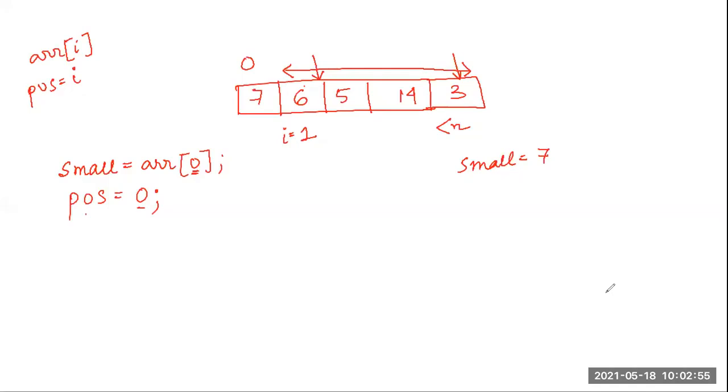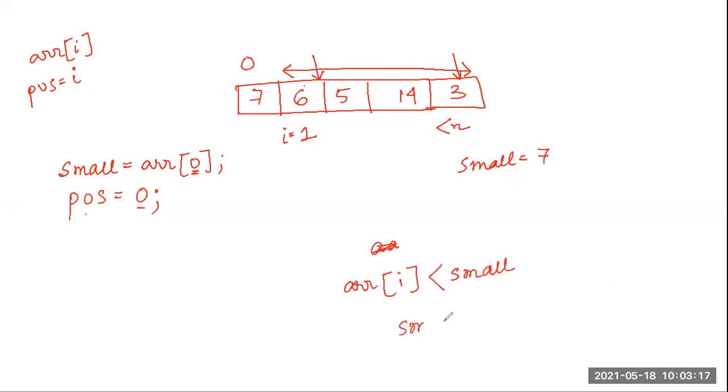Okay. So in between this loop, what was I checking? Suppose I am starting from i equal to 1. If my array of i is less than the value I already have in small, then my small will be updated.